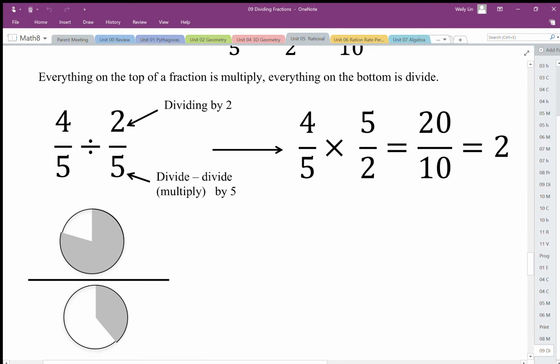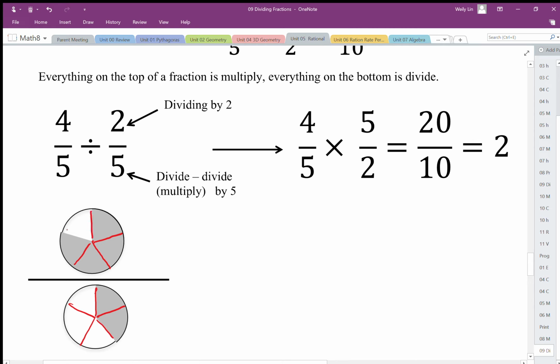So how do we justify this flipping of the fraction when we have divide? Okay, so if I'm going to do 4/5 divided by 2/5, if I draw my 4/5 fraction and my 2/5 fraction, here's my 4/5 fraction, there's 4 pieces here, and I have 2/5 in the denominator.